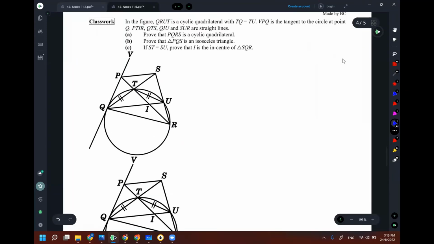So this question. To prove that PQRS is a cyclic quadrilateral, I'm going to use test 3, converse of angle in the same segment. How do I do that? This is what I do. This angle and this angle are equal.